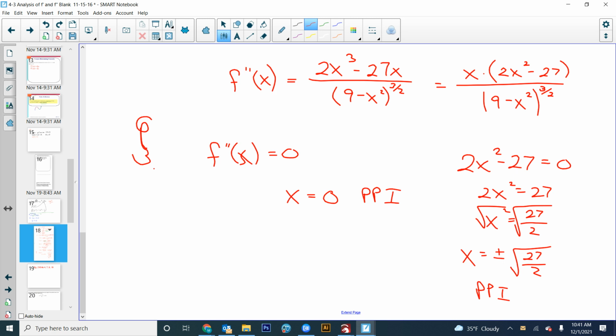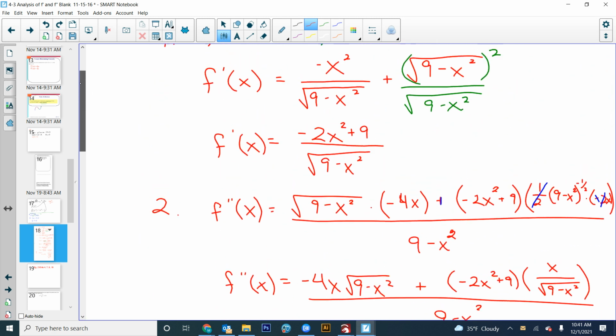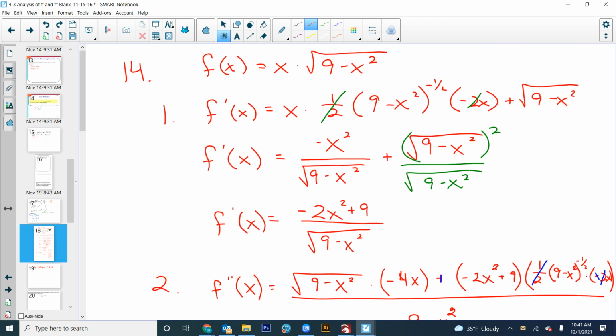Now, real quick, let's evaluate. We kind of broke one of our rules. What's the domain of this? 9 minus x squared has to be good. Well, and 0, right?